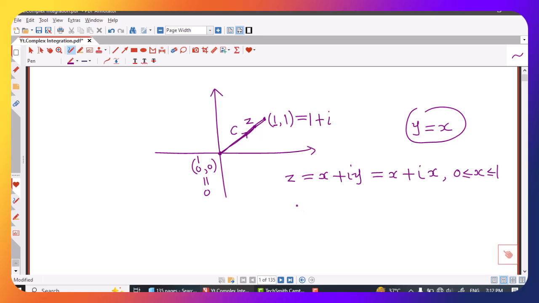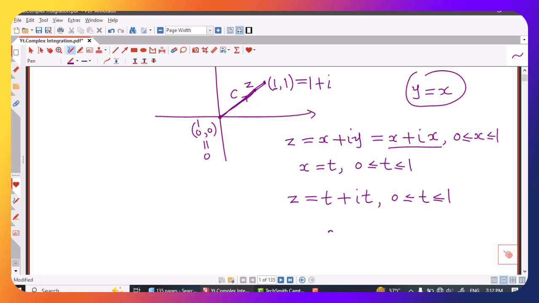If we take x equal to some parameter t, then t lies between 0 and 1, and instead of writing x plus ix, we can represent this as t plus i times t, where t lies between 0 and 1.